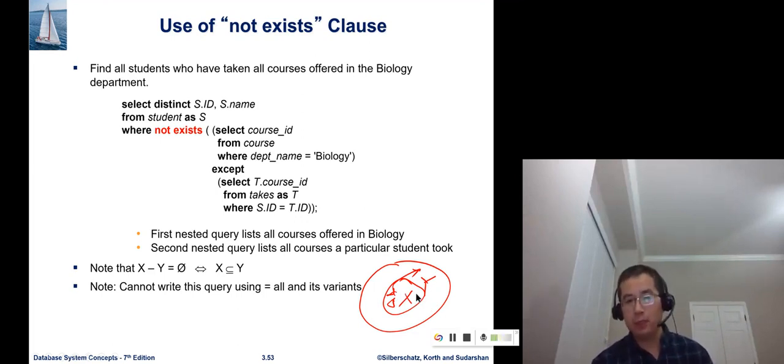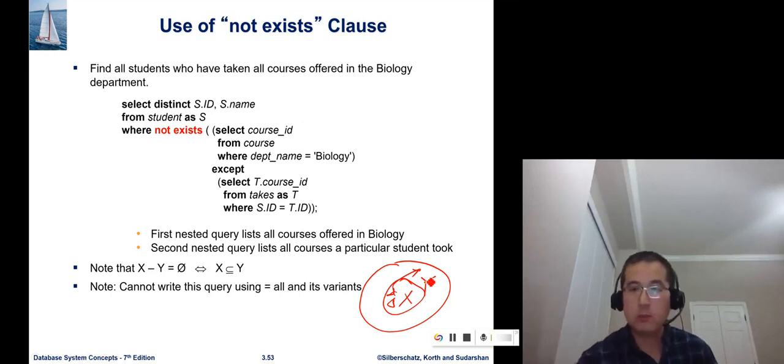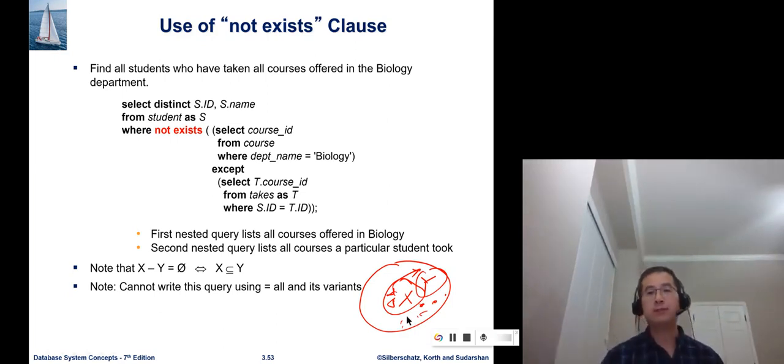Because there's no element which belongs to X but does not belong to Y. Y is at least equal to X, and most probably Y is larger than X. So at least there are some elements which are outside. So this is the idea.